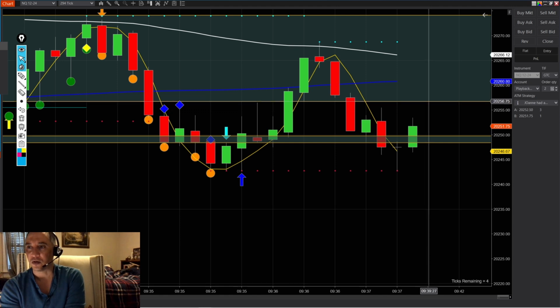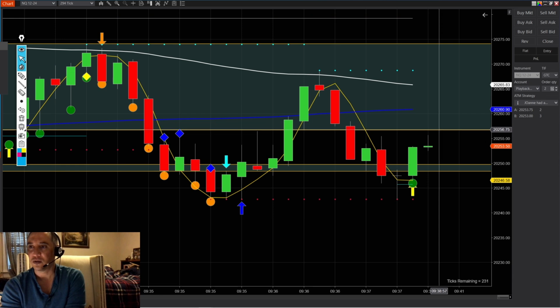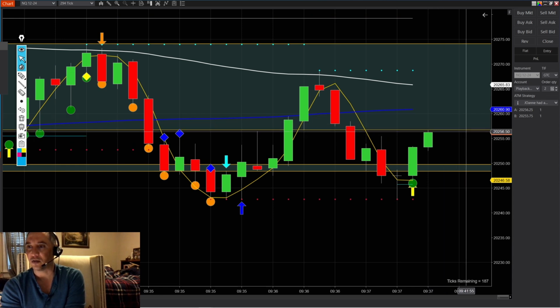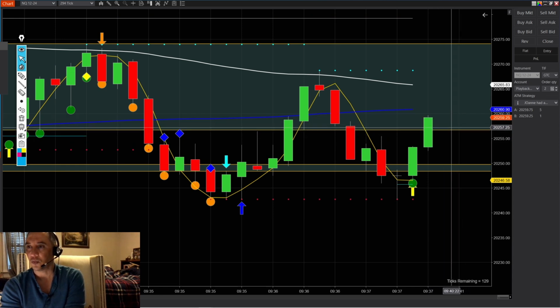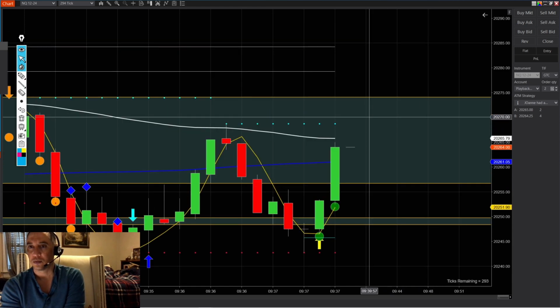So it's either going to reject off the zone right here, or it's going to push into it, and it's going to end up being like a breakout. Oof, all the way to the top there.